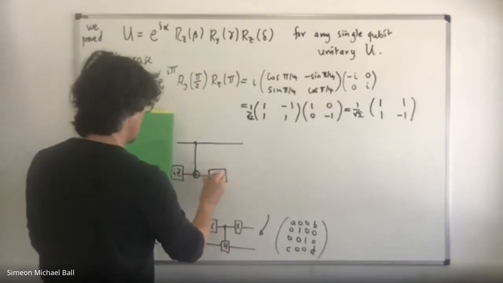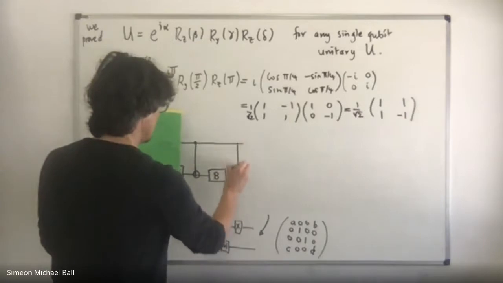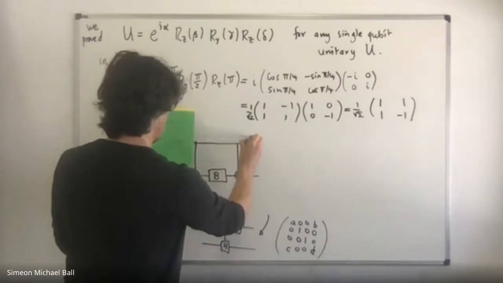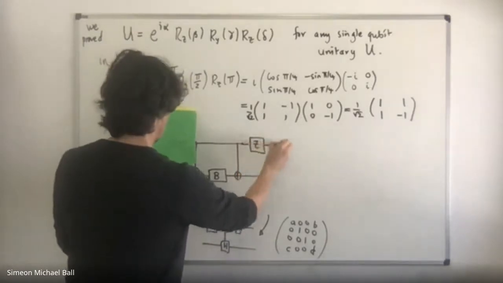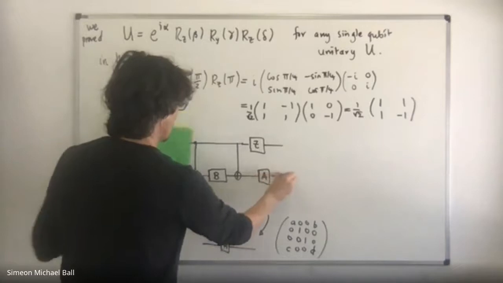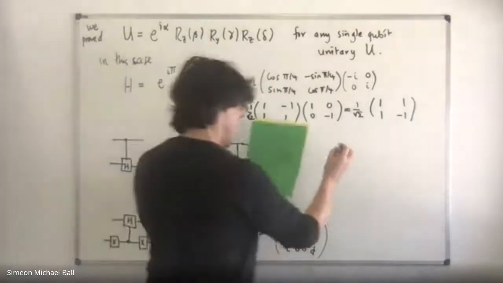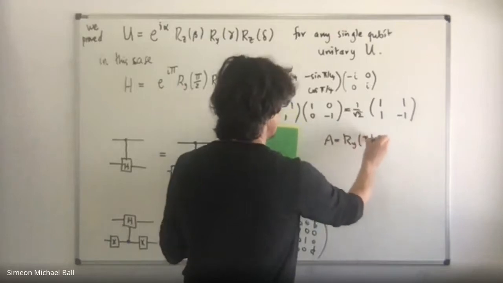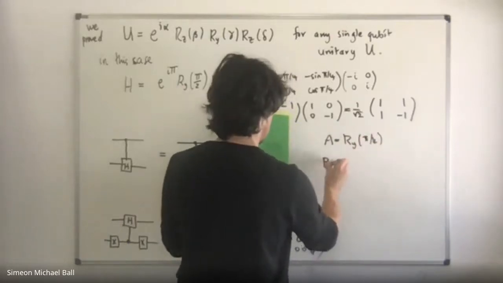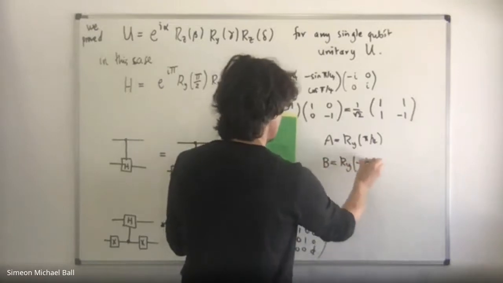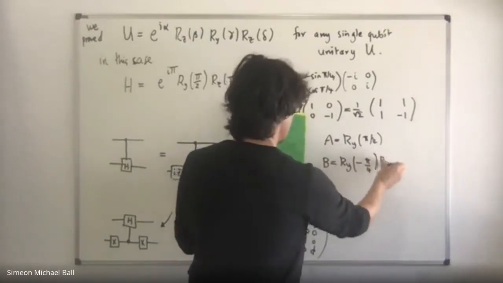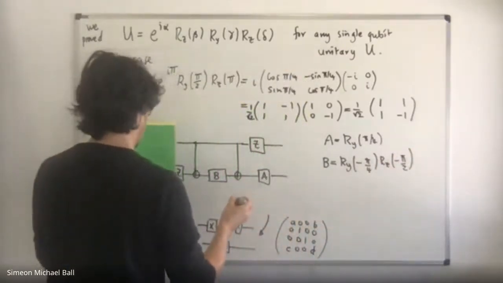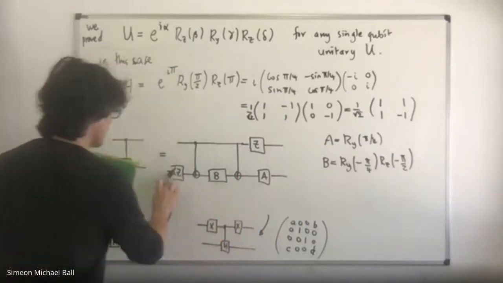So I'll just write B here. Tell you what B is in a minute. Where these single qubit operators A and B are, A is Ry pi divided by 4, and B is Ry. This is minus 1, 1, 0.